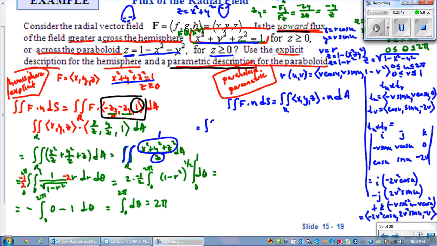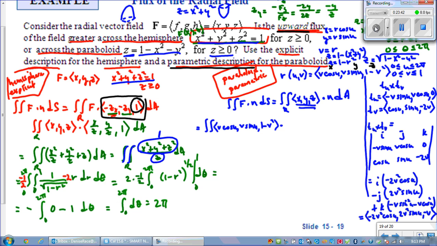I need to change the xyz, the vector f, to the parameters. So here's my x, my y, and my z. And now the normal vector.